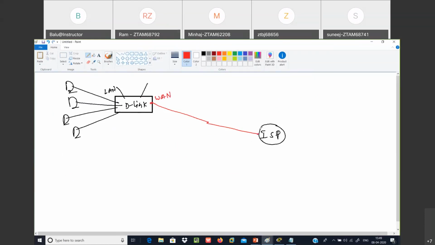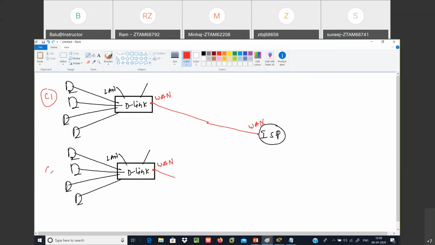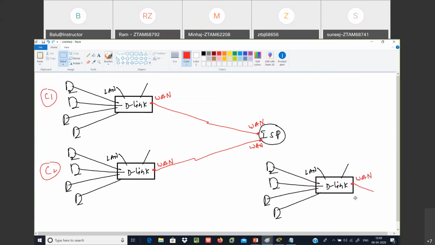The ISP also has a WAN port. This is C1, meaning customer 1. Customer 1 link network. Same like customer 2. Customer 2 network is also connected to the service provider through a WAN link. Like one more customer.